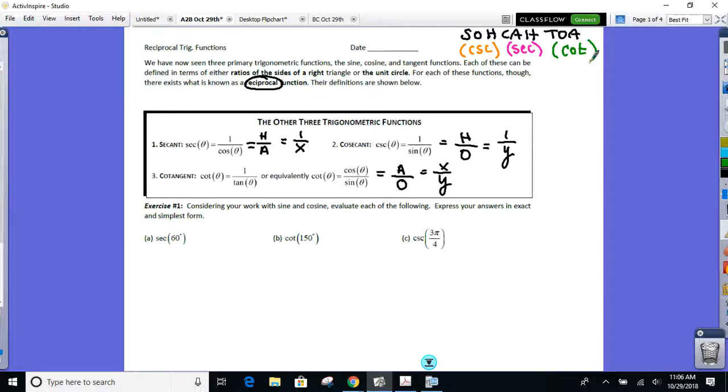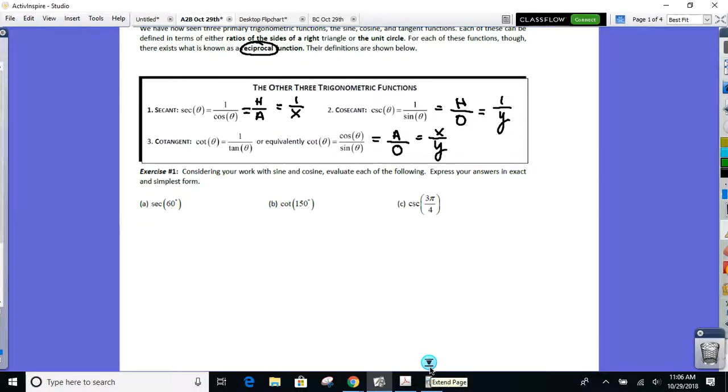What's another English word abbreviated SEC? Second. So secant goes with the second one in SOHCAHTOA. That's how I know these two go together. SEC is an abbreviation for second, so it goes with the second one in SOHCAHTOA. We like that? Okay, I know your mind's blown. Glad I showed you.